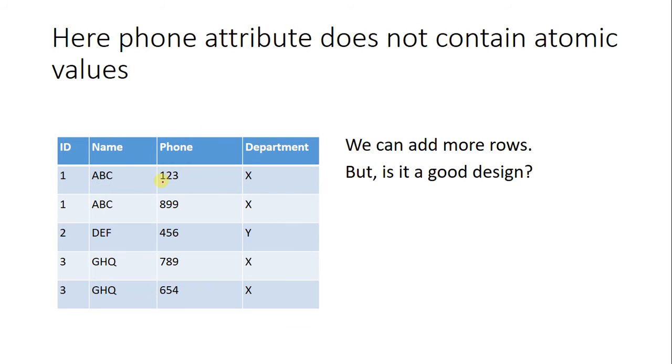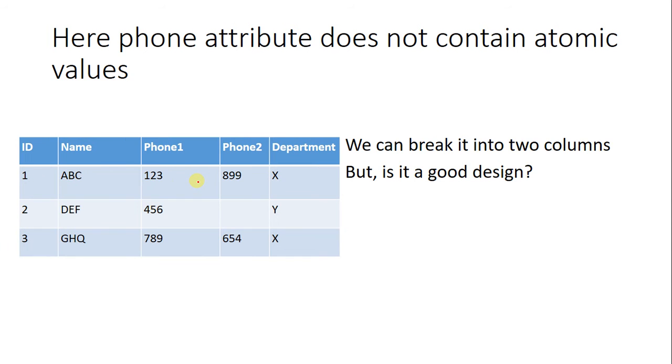So ABC is copied here, X is copied here, and ID is copied here. Although we obtained atomicity, where every row and every column has atomic values, the problem is that we have so much redundant data, and there is repetition of rows. So although it is in first normal form, it's not a good design.